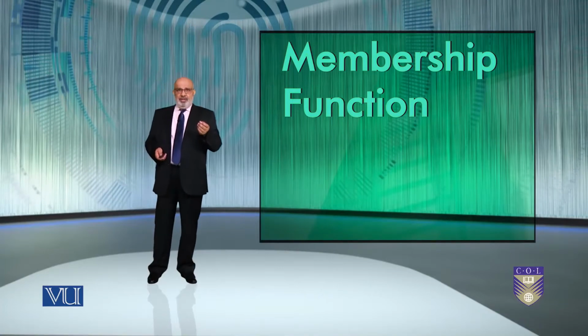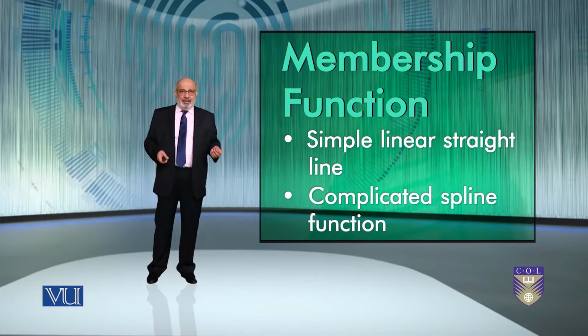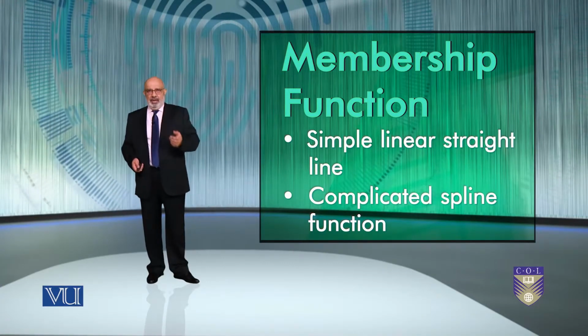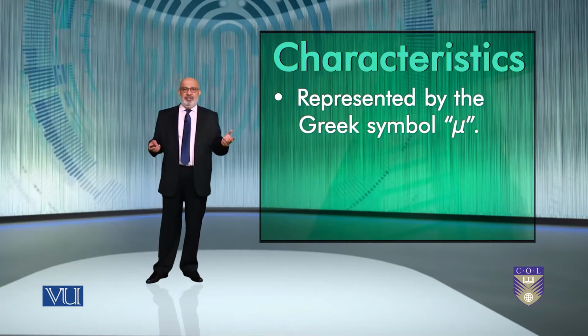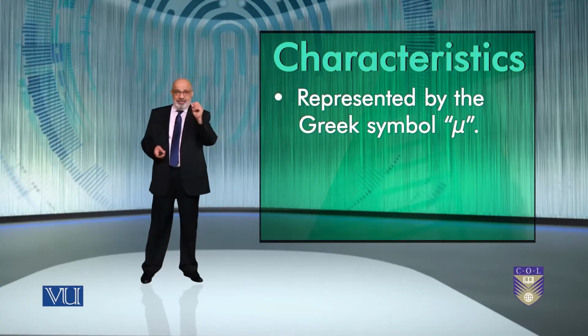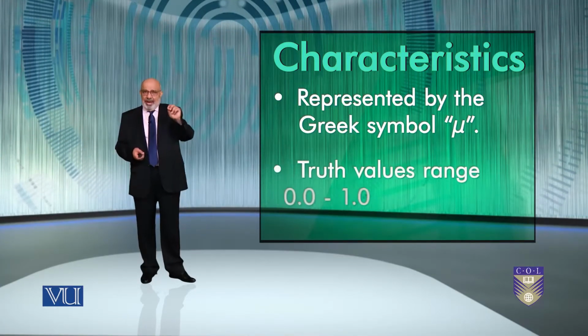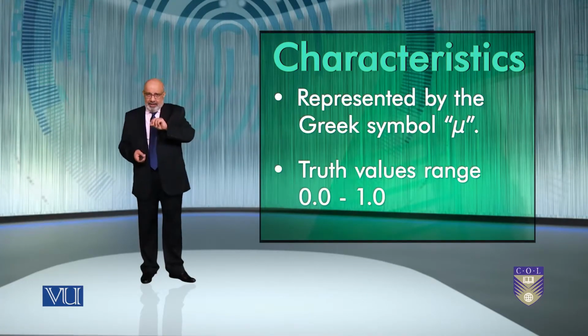A membership function can be anything ranging from a simple linear straight line to a complicated function or some other polynomial of a higher degree. Characteristics of membership functions are that it is represented by the Greek symbol mu, and the truth values range from 0 to 1, anything in between.